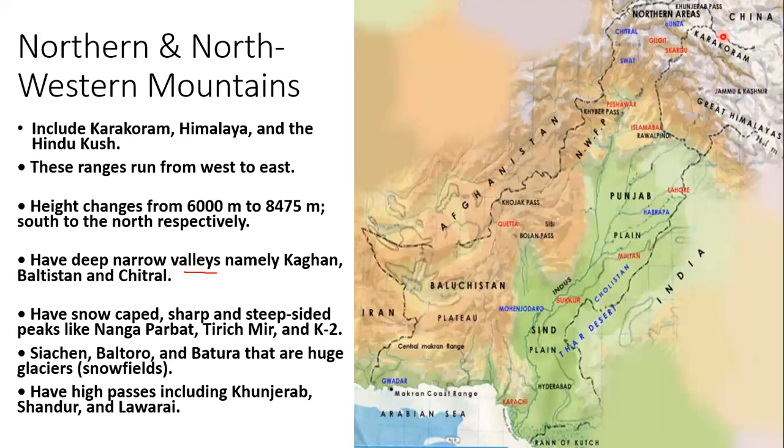It is quite strategic, and there are always armies standing to look after the interests of their countries. Fine. Then there are Baltoro and Batura, huge glaciers in these regions.